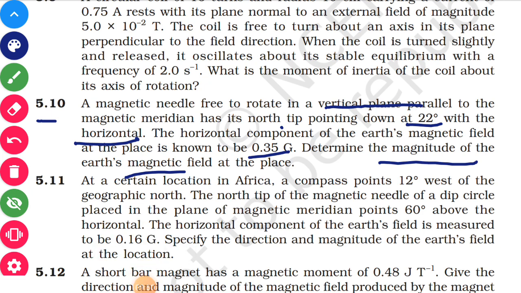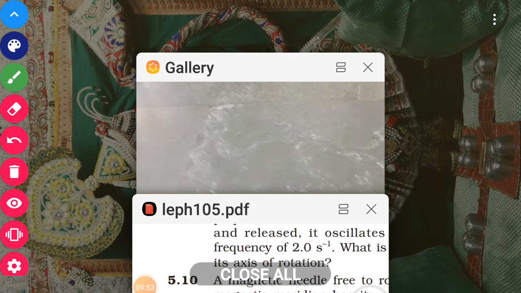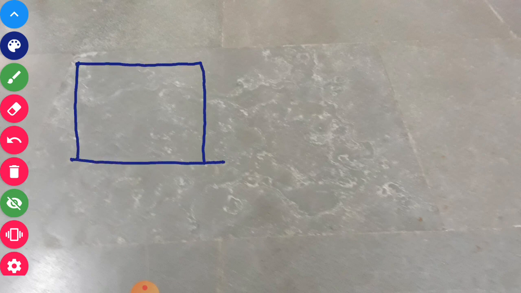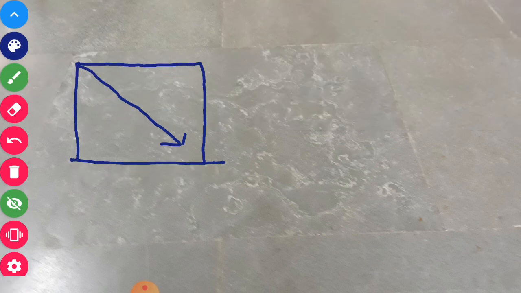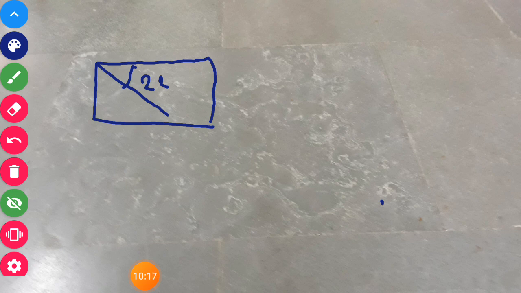Now we can understand this by drawing the figure also. See, we have a magnetic meridian. I am drawing it for you. Meridian means a plane, and here the tip is making an angle of 22 degrees.